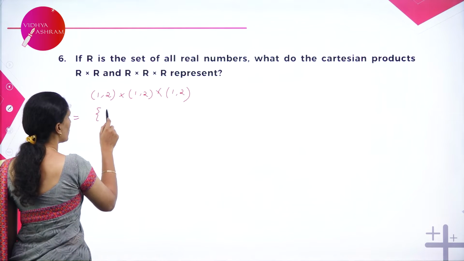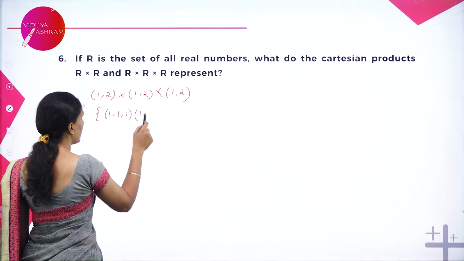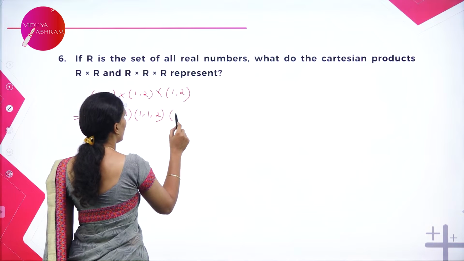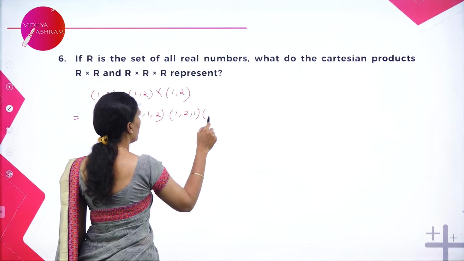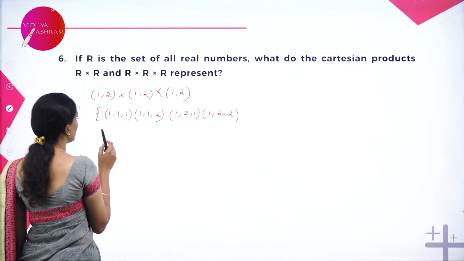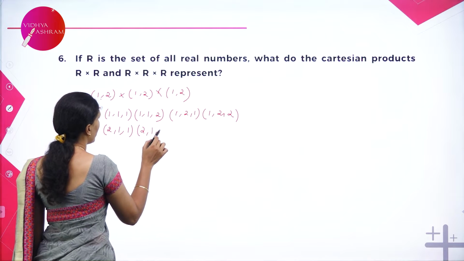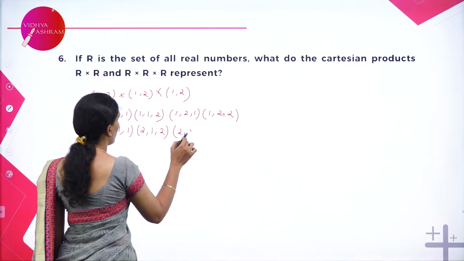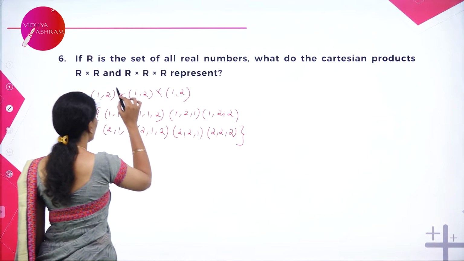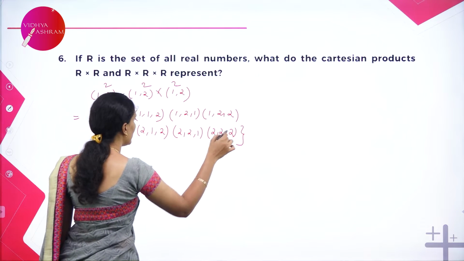We can take the first one as (1, 1, 1), the second one as (1, 1, 2), the next one as (1, 2, 1), (1, 2, 2), and again (2, 1, 1), (2, 1, 2). Next, we can take (2, 2, 1), (2, 2, 2). So here we have 2 times 2 times 2, that is 8 elements in triplet form.